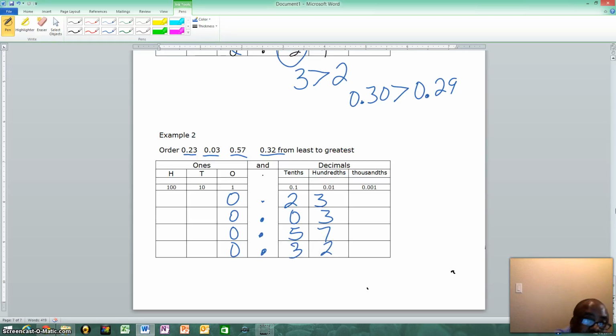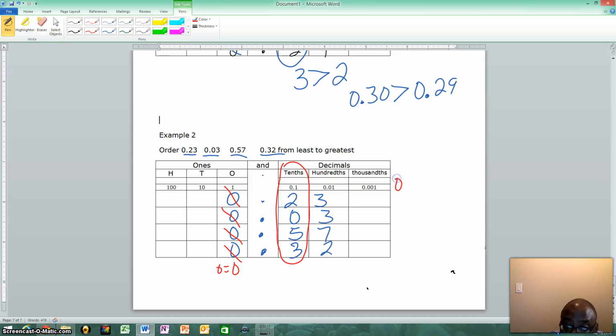Okay, so switch colors. All those zeros are equal to each other, so we can't compare here, because remember, 0 equals 0. Now we get to the tenths place again. Well, we can start comparing here. And so what can we say if we try to go from least to greatest?